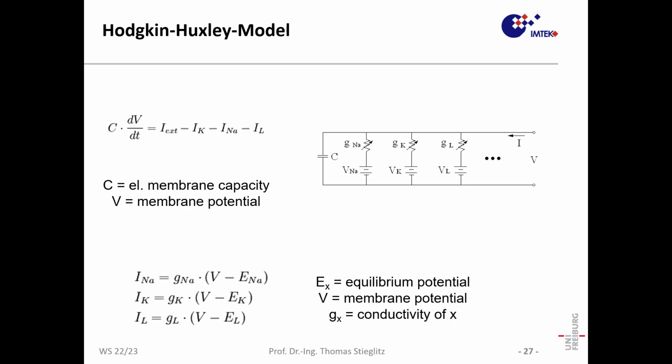Later on, that was transferred from the squid to mammals, and some extensions have been made. Frankenhäuser-Huxley is one of the next models then being extended to mammals. I can tell you the equations got even more complex, and there are a lot of boundary condition approximations that have to go in there.